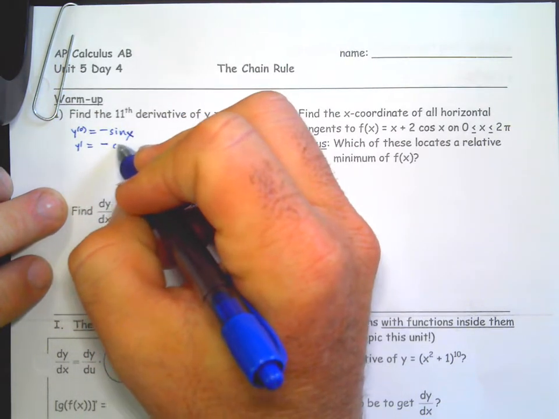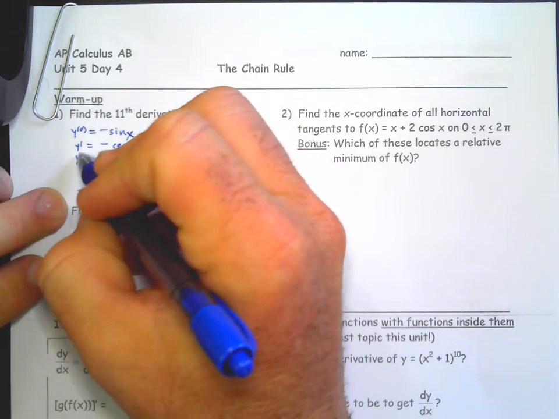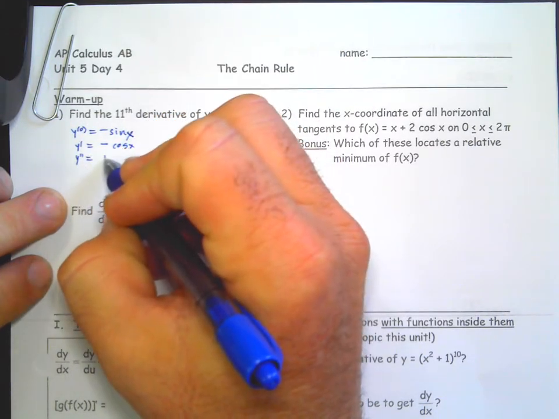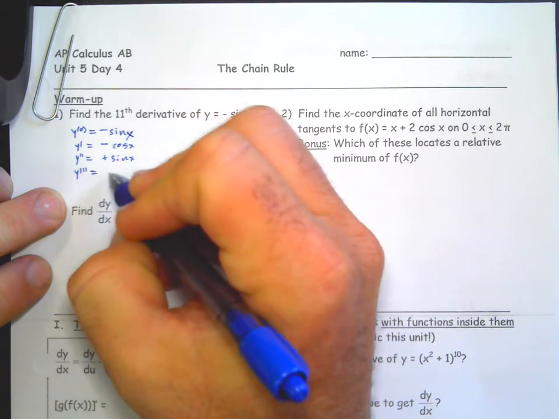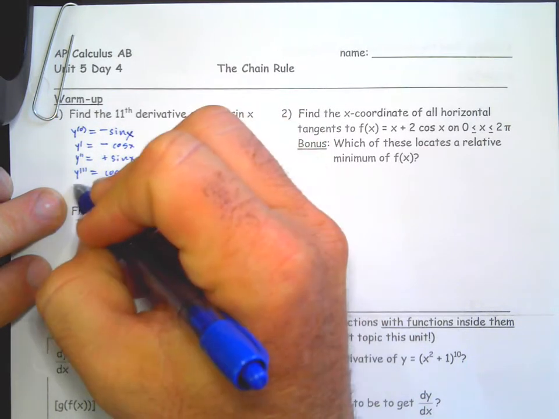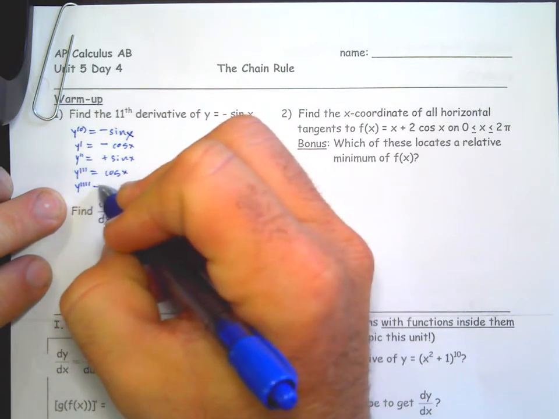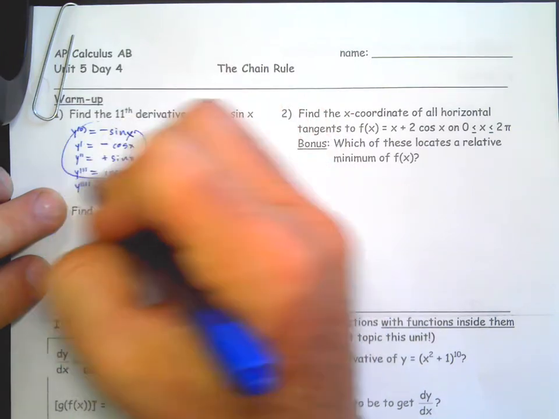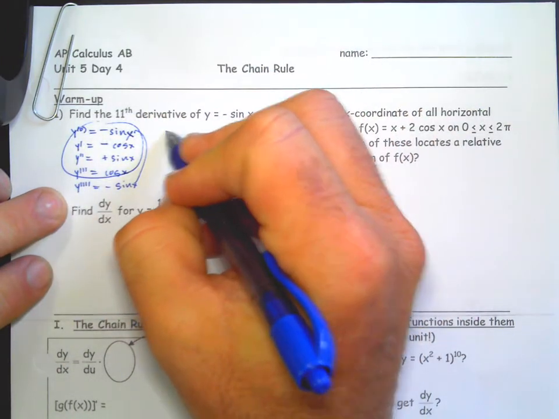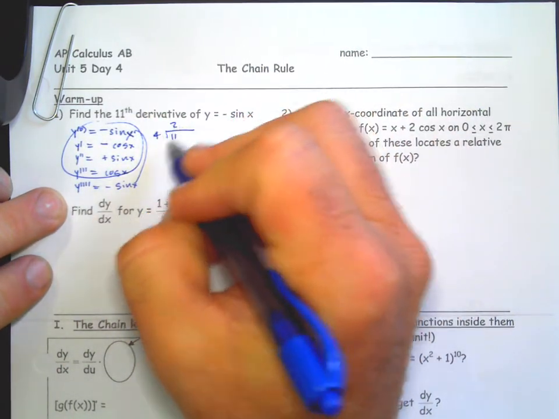The derivative of sine is cosine. There's already a negative. It's going to be positive sine. The third derivative is cosine. And the fourth derivative is, maybe unsurprisingly, back to sine. So we got this 4. So we're going to divide 11 by 4.